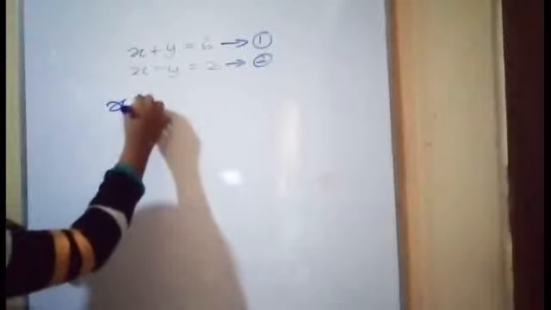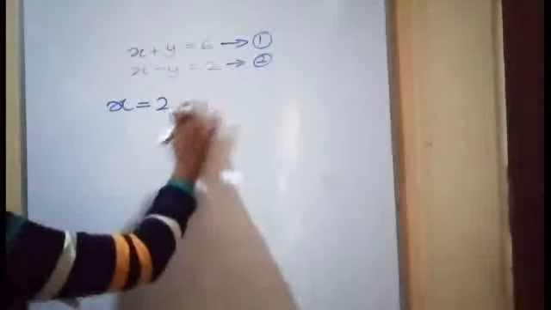Now, what do we want to do now? Firstly, we want to add the equation 1. Okay. The x, we want to write there y, that means 2y. We can write x equals 2 plus y.